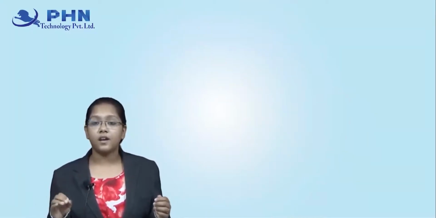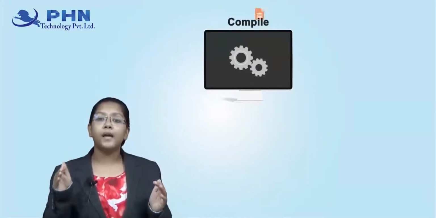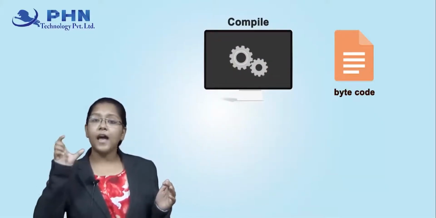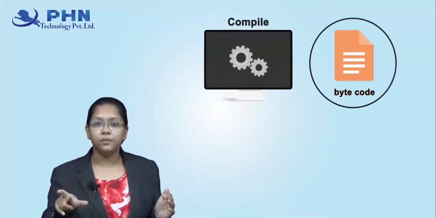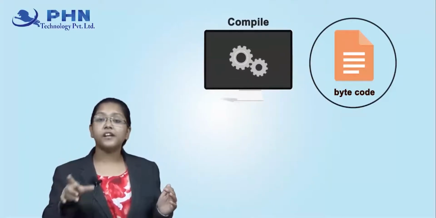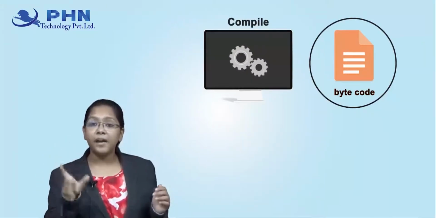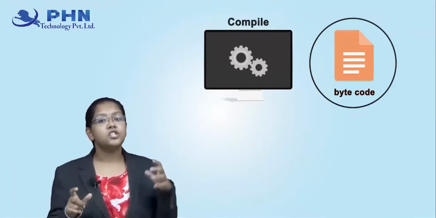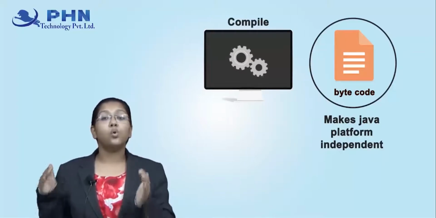Java compiles, but it creates bytecode, and that bytecode is architecture neutral. Because it gives us bytecode which is architecture neutral, we can say that Java is platform independent, because of that bytecode only.